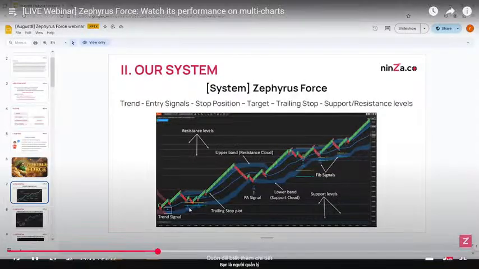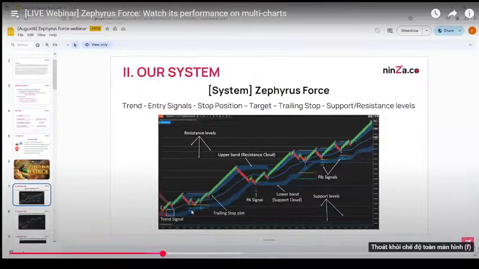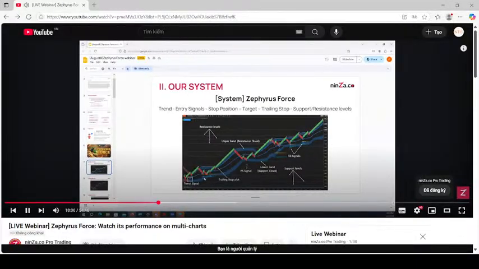Everything I'm going to be using today is default settings, out of the box as is. I did not change anything on any of the charts we're going to see. I did not want anyone to say, well, you changed things to make it look good. No, I changed nothing. I simply put the indicator on the chart.